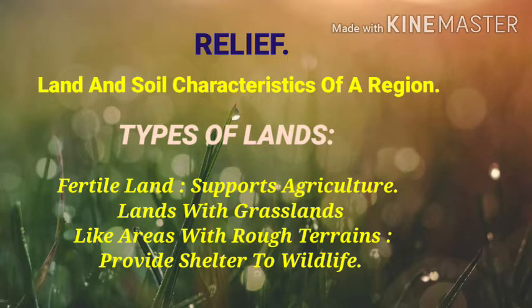The nature of the land influences the type of vegetation. For example, fertile soil and land is favorable for agriculture, whereas undulating land and rough terrains are areas where grasslands grow and give shelter to a variety of wildlife.